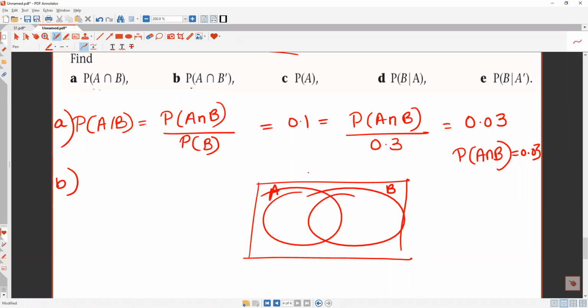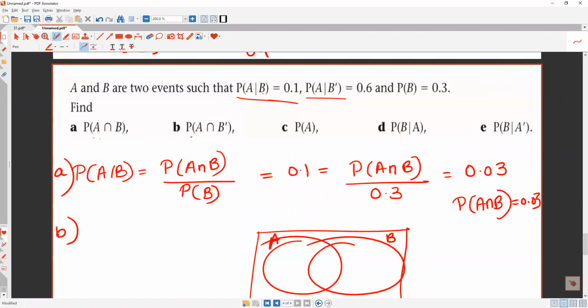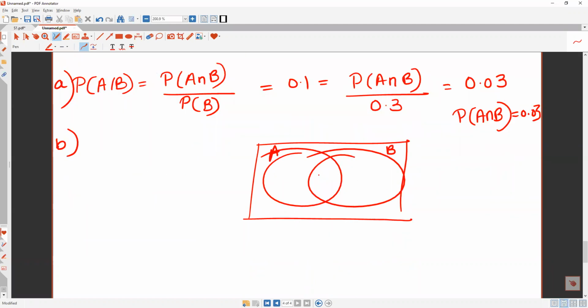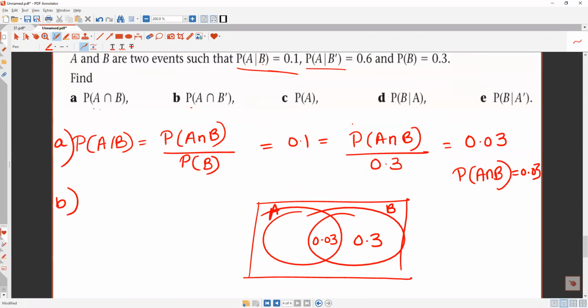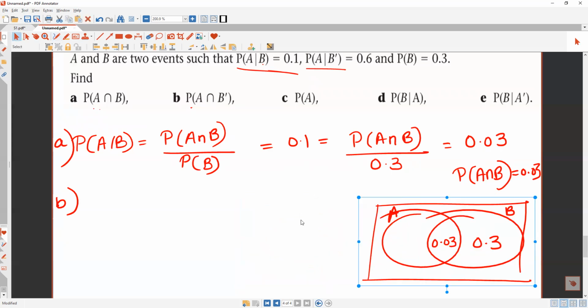B is 0.3 if I'm not wrong, but the intersection is 0.03. So this is 0.03, this is 0.3, but nothing else is given to me. They give me A given B complement, but I don't have anything to draw a Venn diagram because I don't know how much A is. A কত আমি জানি না.